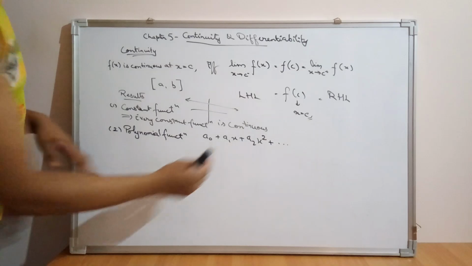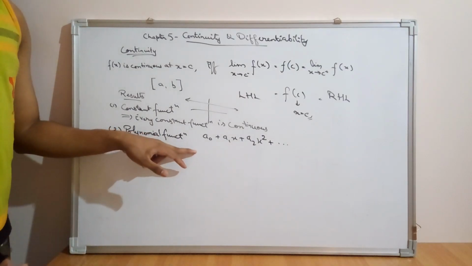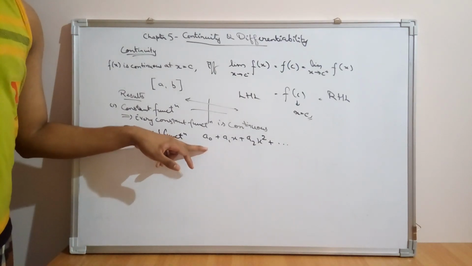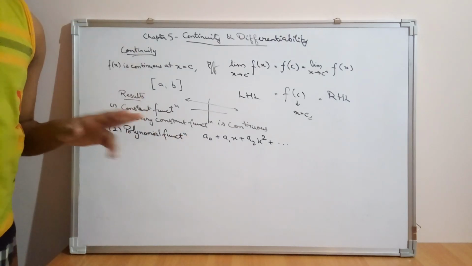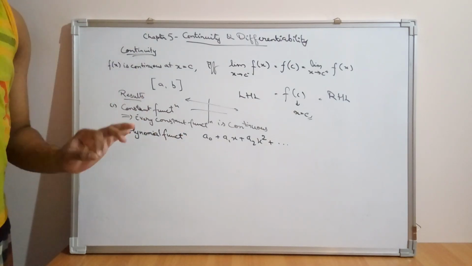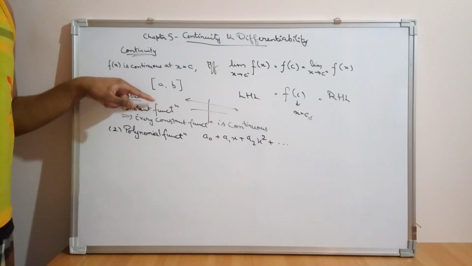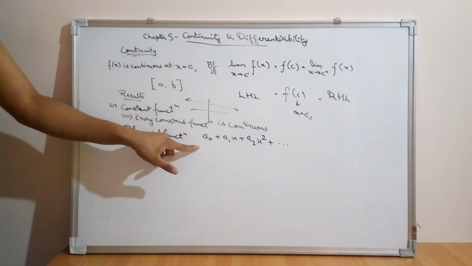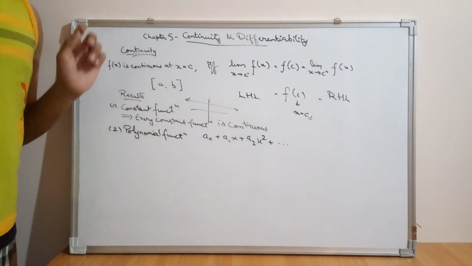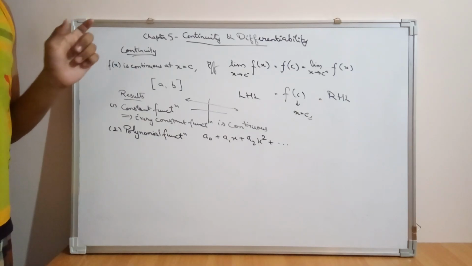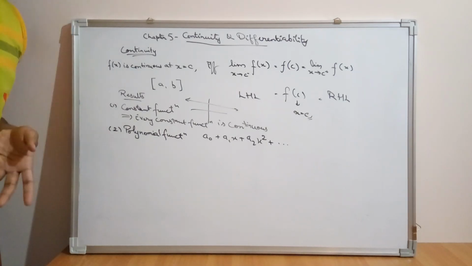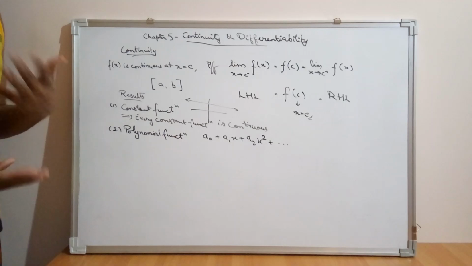Now we'll take the second term, it is going to be linear. For a linear expression, we know that it is going to be a straight line. Therefore, a straight line is also continuous. Now, if you consider the x square term along with this, it is going to be a quadratic, which is a parabola, right?